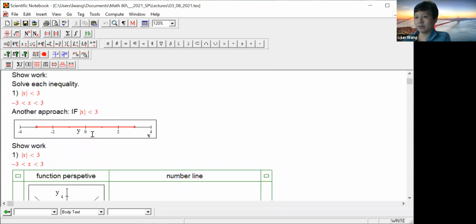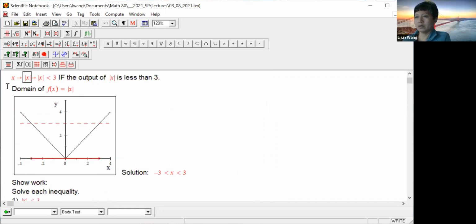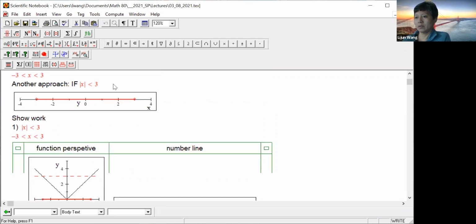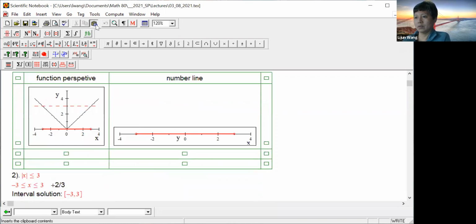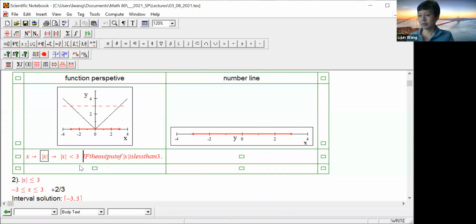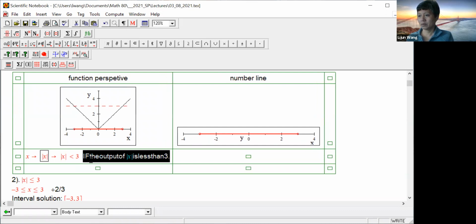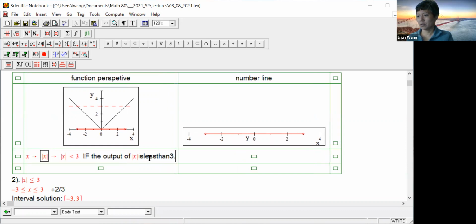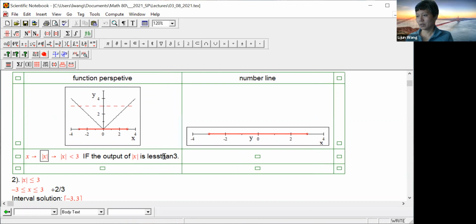The function perspective involves that if the output is less than 3.